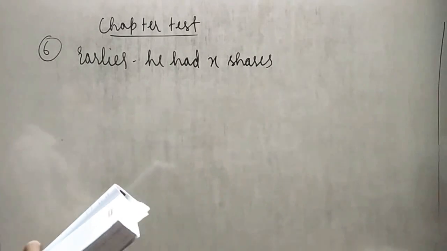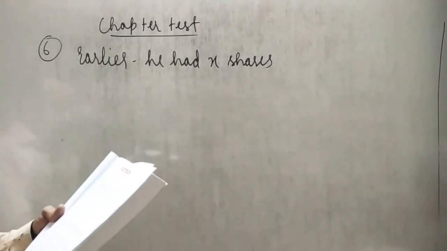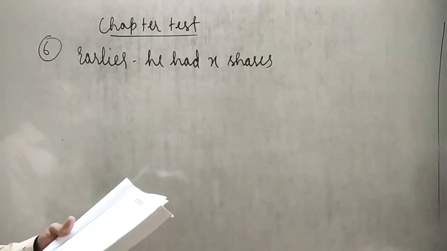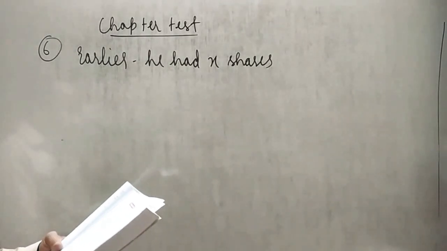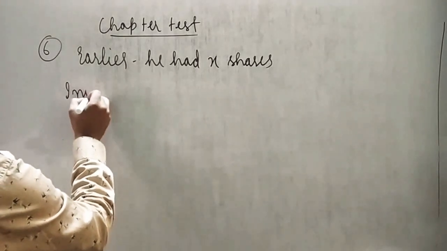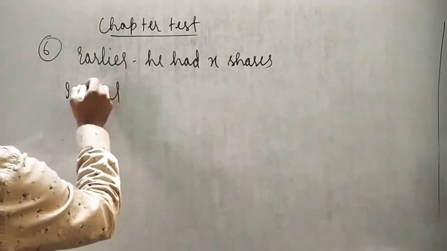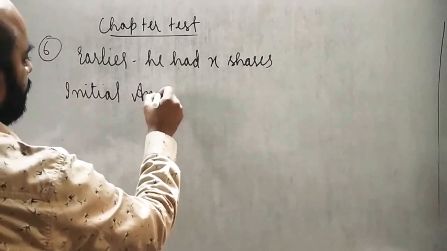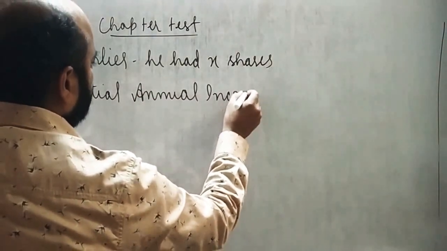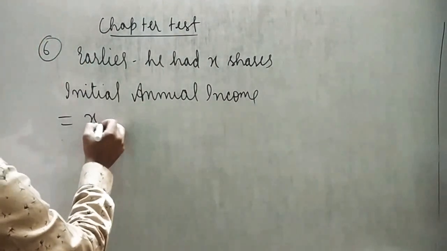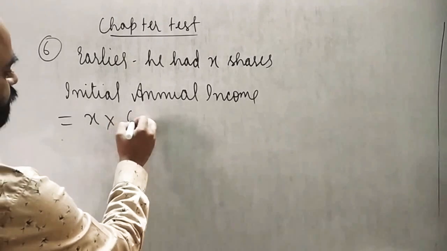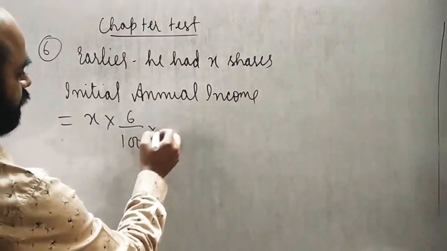Now, earlier what is the annual income for X shares? Face value is ₹100 paying 6% dividend. So the initial annual income will be X into 6% of face value. 6% and face value is 100.